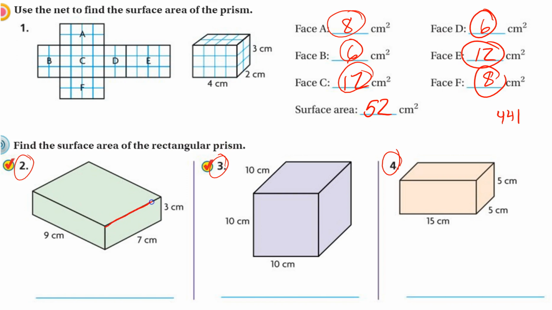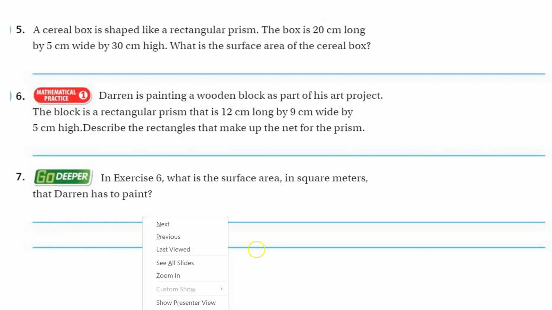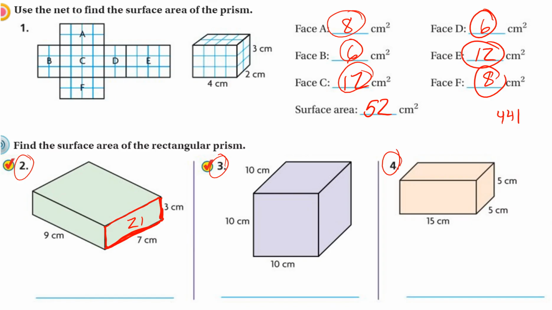Okay, so I'm going to find the surface area of the front of this box first, which is, this line is 7, this is 3, so 7 times 3 is 21. And now remember, I also have the back, which is also going to be the same as the front. So there's 2 21s.